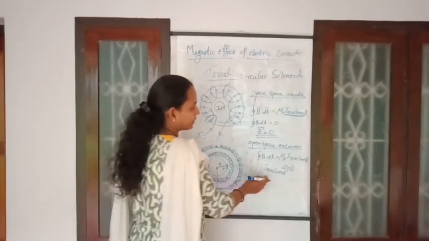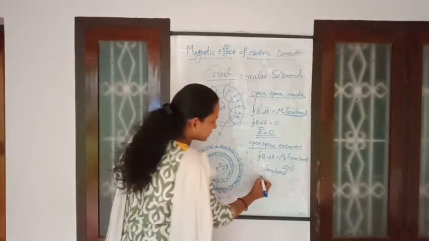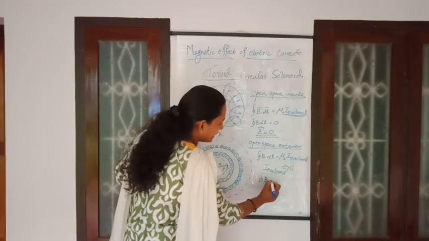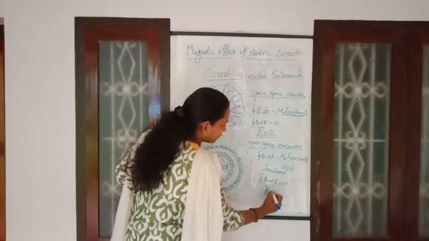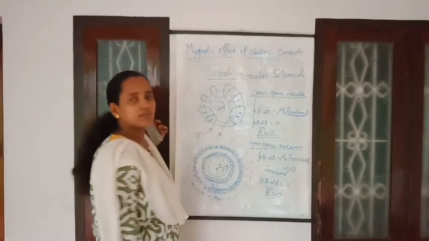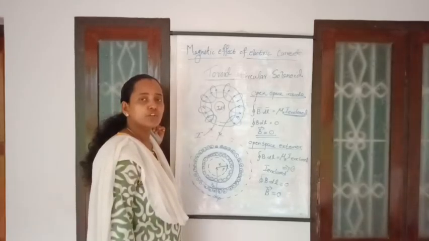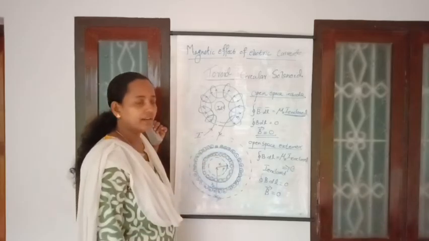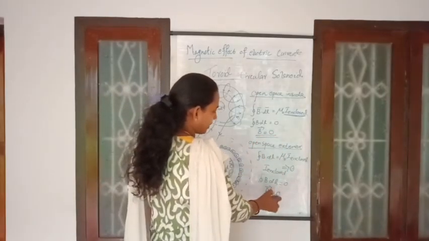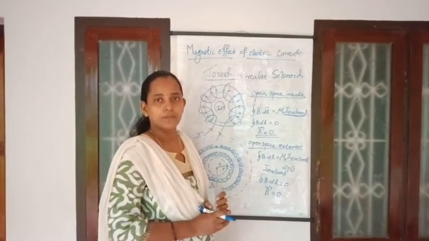So closed integral B dot dl is equal to 0, or the magnetic field is equal to 0 itself. Which means that in an open space interior to a toroid and an open space exterior to the toroid, the magnetic field B is equal to 0.